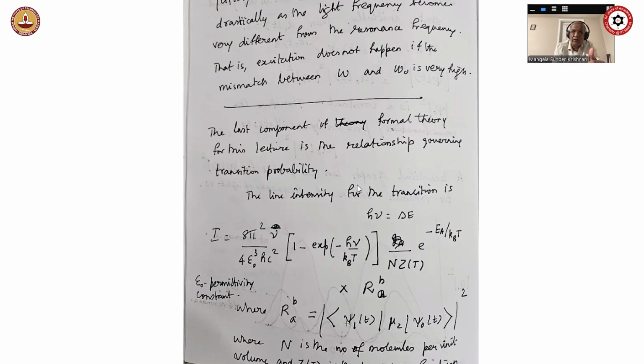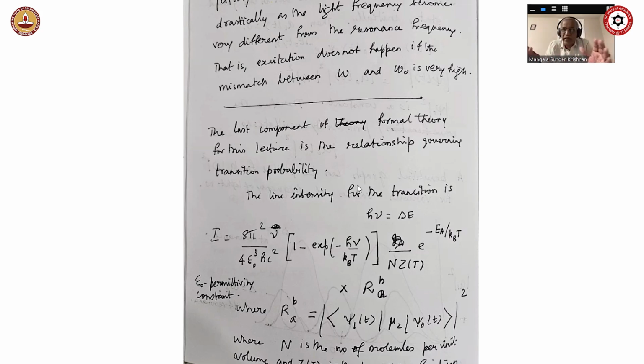This matrix element, absolute square, gives you the strength of the intensity in addition to other factors. These are two fundamental principles of spectroscopy.